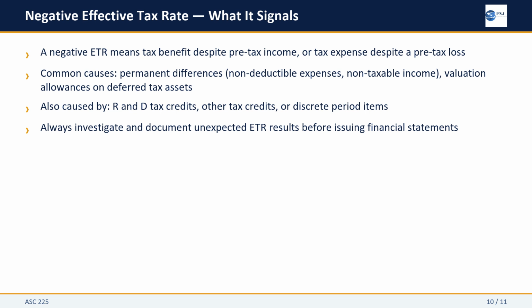Valuation allowances on deferred tax assets can flip the sign if a large allowance is established against deferred assets. Tax credits, particularly R&D credits, reduce tax expense, sometimes below zero relative to pre-tax income. Discrete period items like resolving an uncertain tax position can also distort the rate in a single period. The rule is simple: always investigate, always document before statements go out.